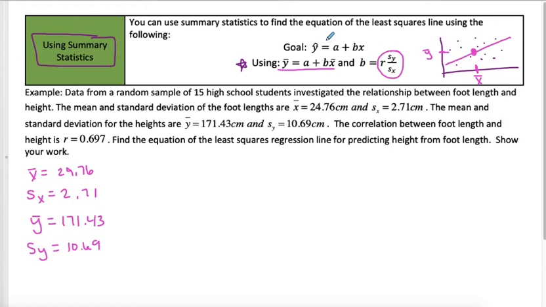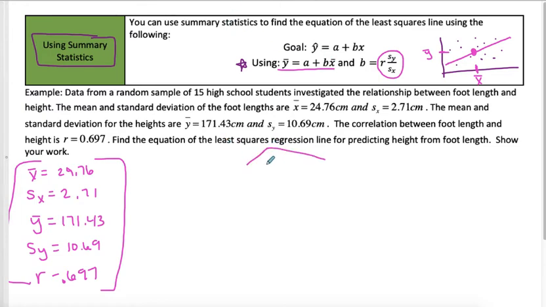Our goal is to write the equation here. And the last piece it gives us is the correlation, R, is 0.697. We need all of this as a summary to find the least squares regression line.